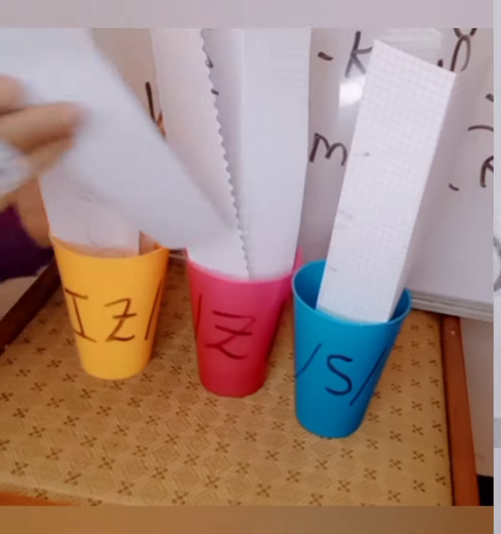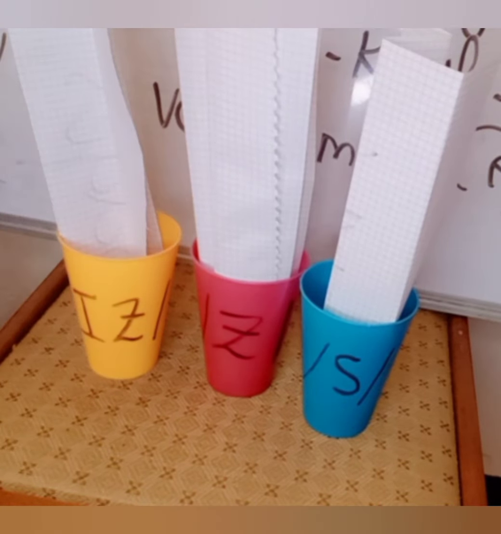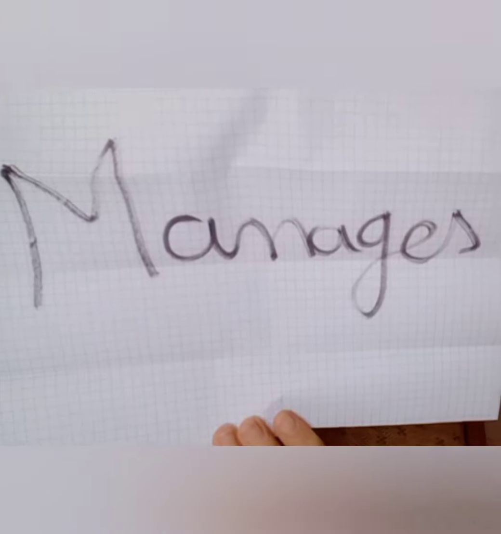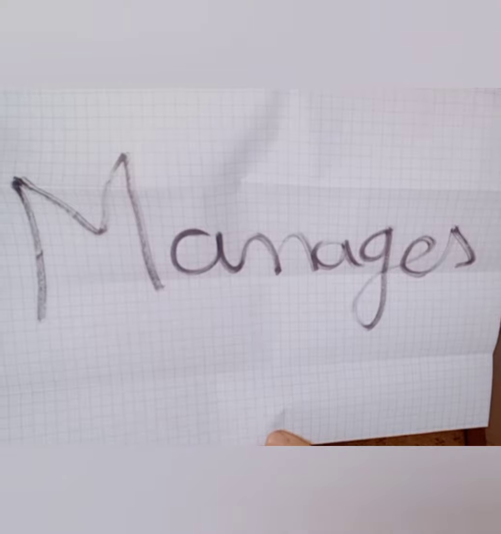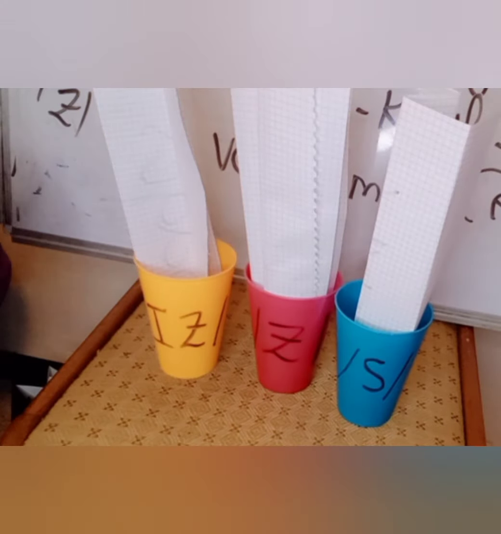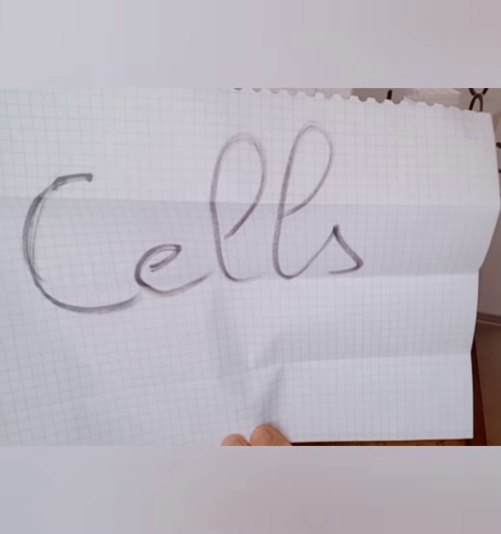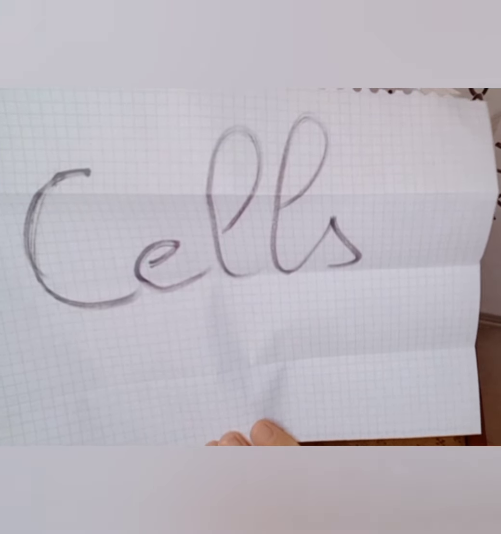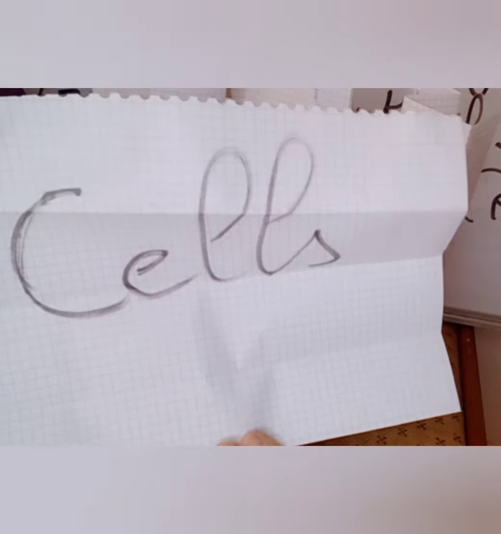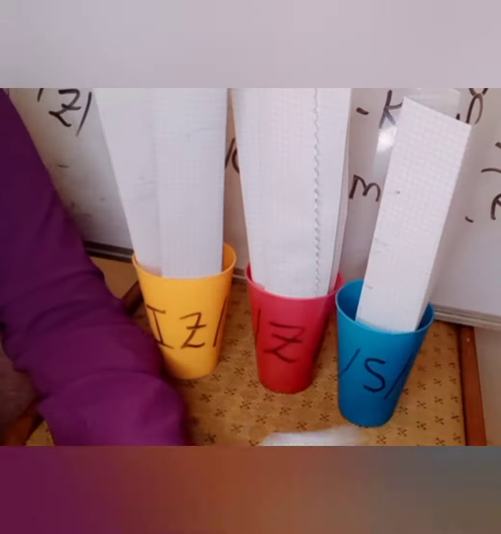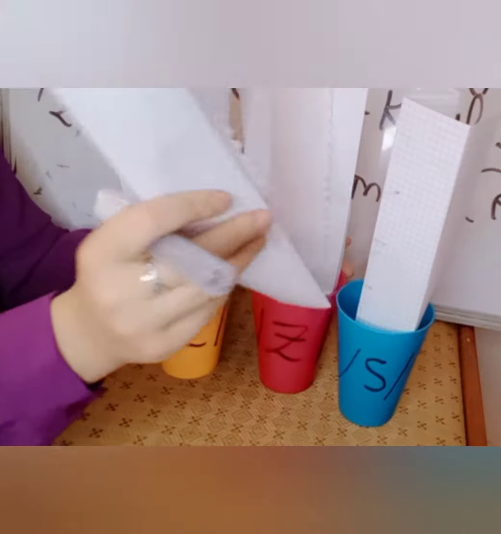Spans, it goes with Z. Manages: here we have J, J goes with "iz". Then cells: there is no letter from the S group, so it goes directly with Z.